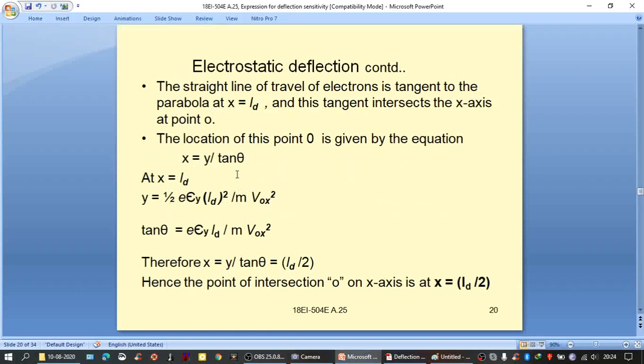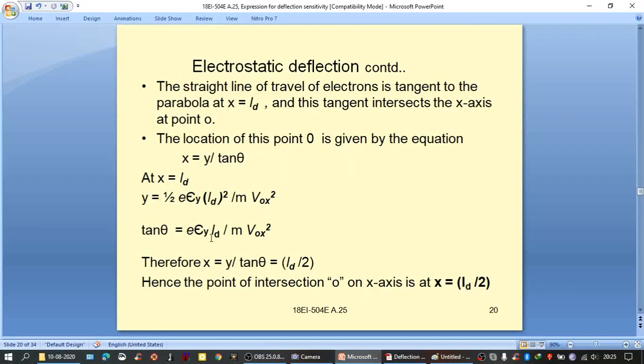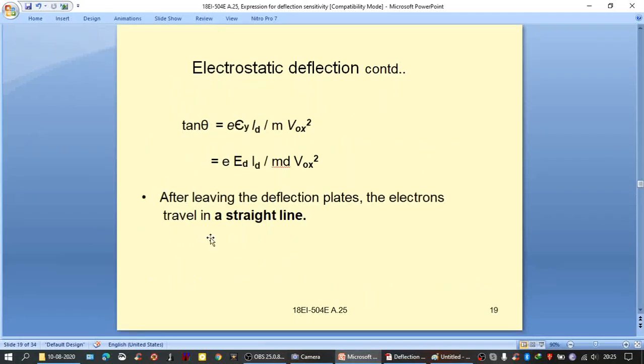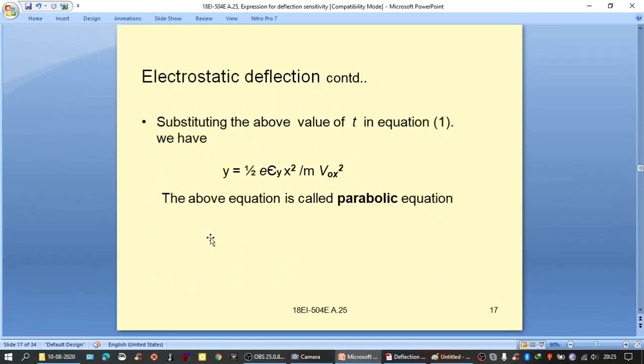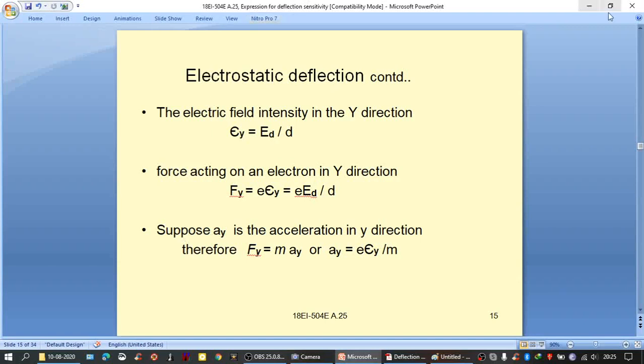The equation for tan theta is Ey LD by M Vox square. So L as it is written, and for tan theta it is written as Ed LD by M d Vox square. That is because Ey can be written as Ed by d.